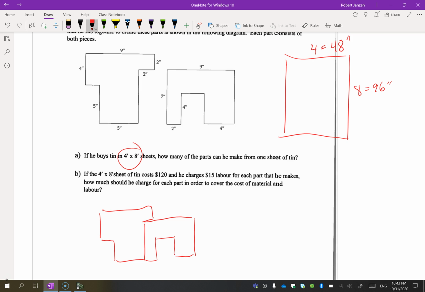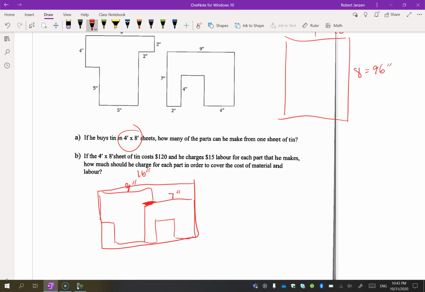So we basically have to cut out a piece that's this big and see how many times it fits into that big sheet. If we look at this as being 9 inches, there's 2 inches here that's overlapping. This is going to be 7 inches, meaning the entire length is 16 inches.